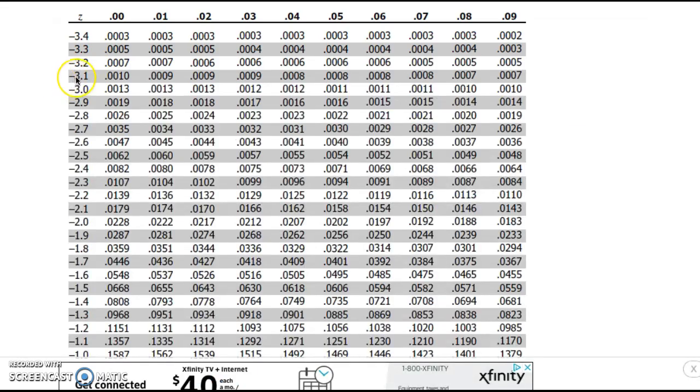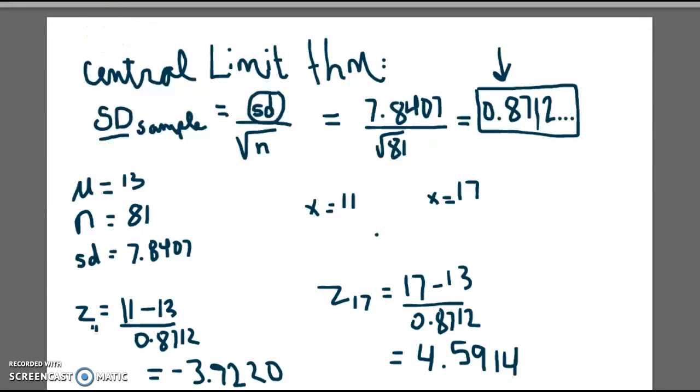So negative 3, and we're going to go all the way over here. Friends, I had a little error and I was trying to figure out what I was doing wrong. This number is not right. So let me get rid of this one here. Apparently I can't divide. So I'm going to just give you the correct answer.